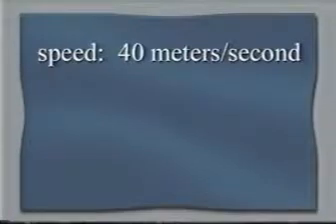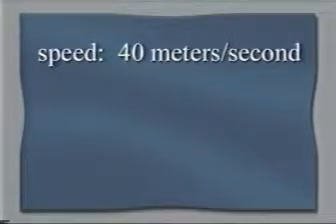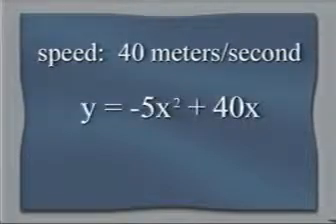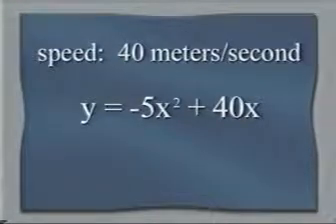In this particular situation, we're going to throw this object up at a speed of 40 meters per second. The equation for this model is y equals negative 5x squared plus 40x. The negative 5 is the negative g, and the x squared is the t squared we talked about earlier.